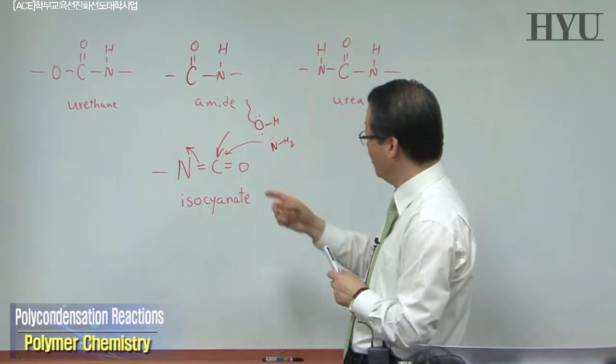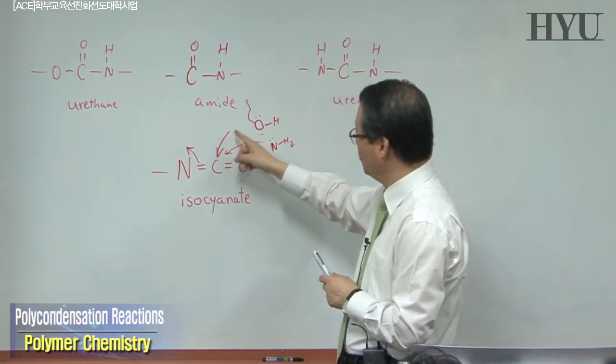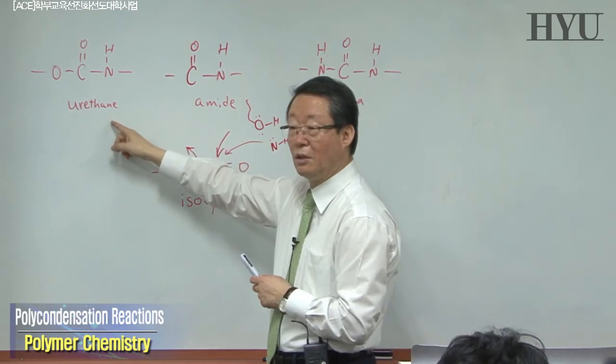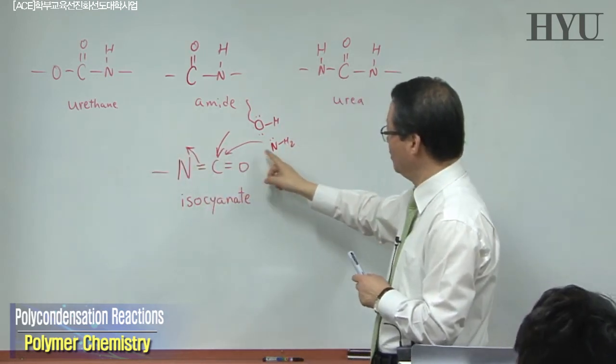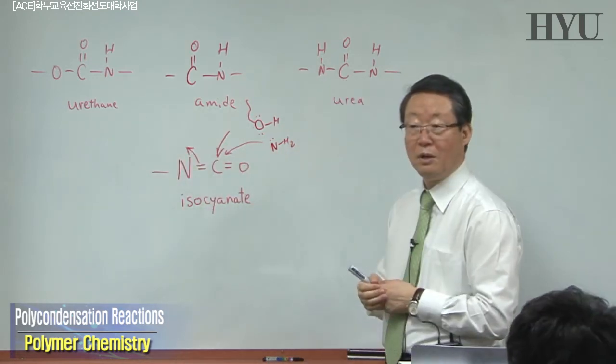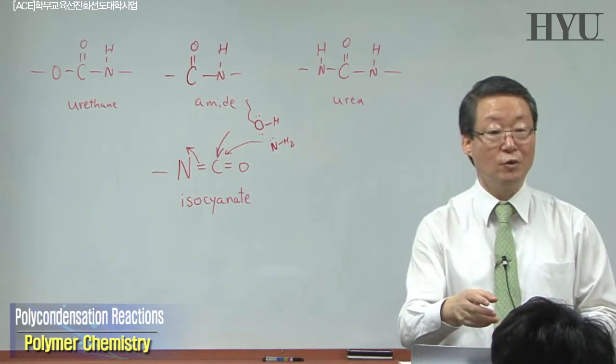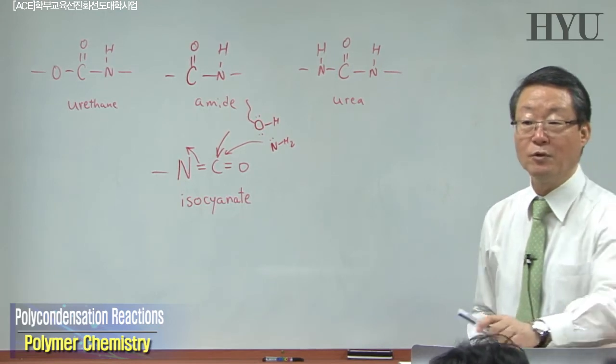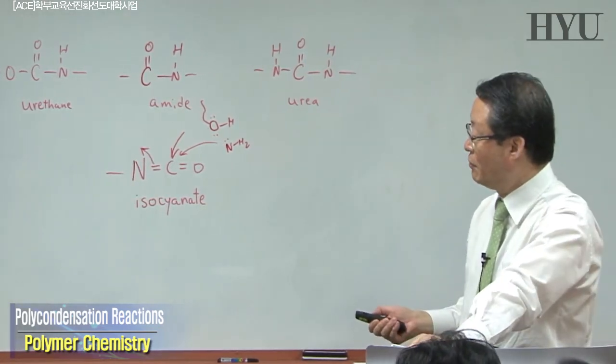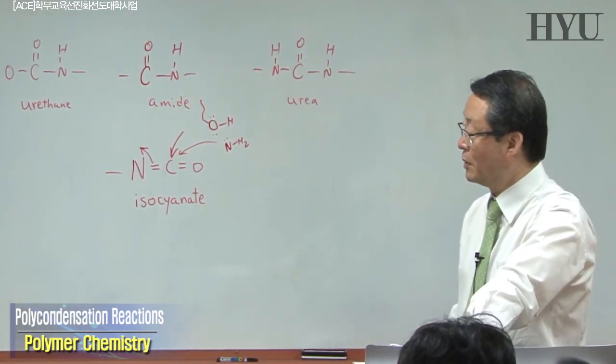If you have alcohol, it will form urethane. If you have an amine group, it will form urea. So depending upon your monomer, depending upon your functional group, you have two different polymeric systems.